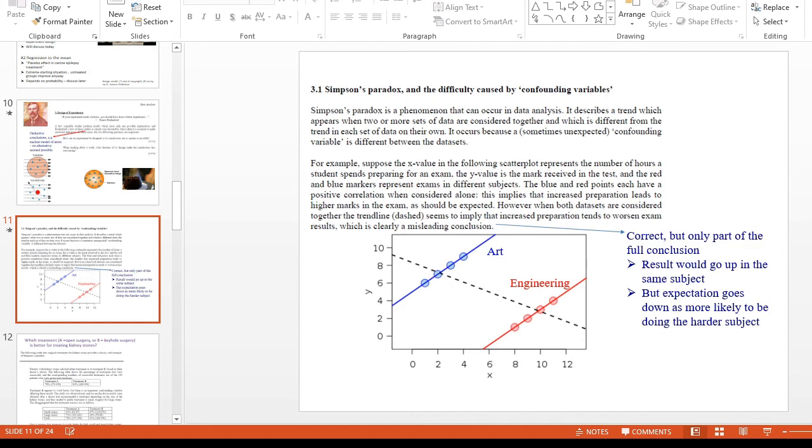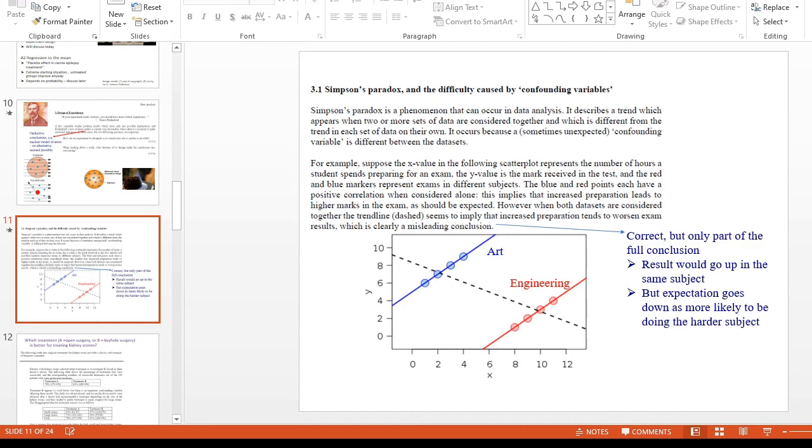So that's the key to understanding Simpson's paradox: when you forget a confounding variable, like what subject is being done in addition to the number of hours spent revising, you get a correct conclusion, but it's only part of the conclusion. The key to avoiding Simpson's paradox affecting your data is to use randomization where possible, so that you design an experiment whereby you expect any variables other than the one that you're, say, controlling to average out.